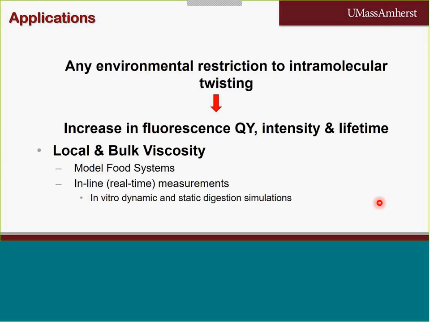So it was time to apply them to sample viscosity and see if they were able to report in time the characteristics in model food systems and also in in-time measurements.